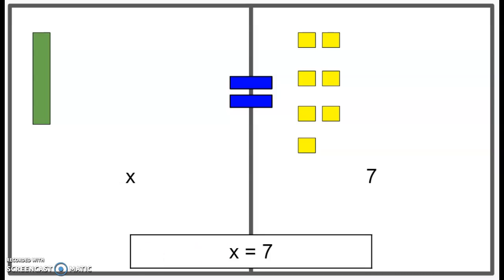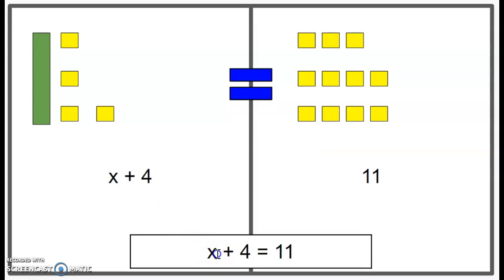Now, in order to understand if that is correct, I'm going to go back to this one, and I'm going to substitute that 7 in here, just to show you, because this was the original equation. 7 plus 4, does that equal 11? It actually does. It equals 11.